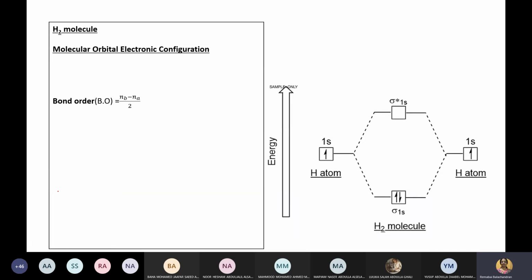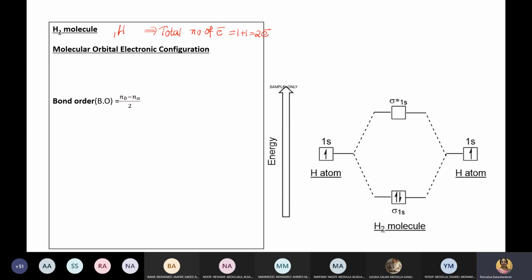Now here we have hydrogen, atomic number 1. The total number of electrons, not valence electrons: 1 plus 1, 2 electrons. If you have 2 electrons, where will you put them? In this case you fill the first orbital with those 2 electrons.